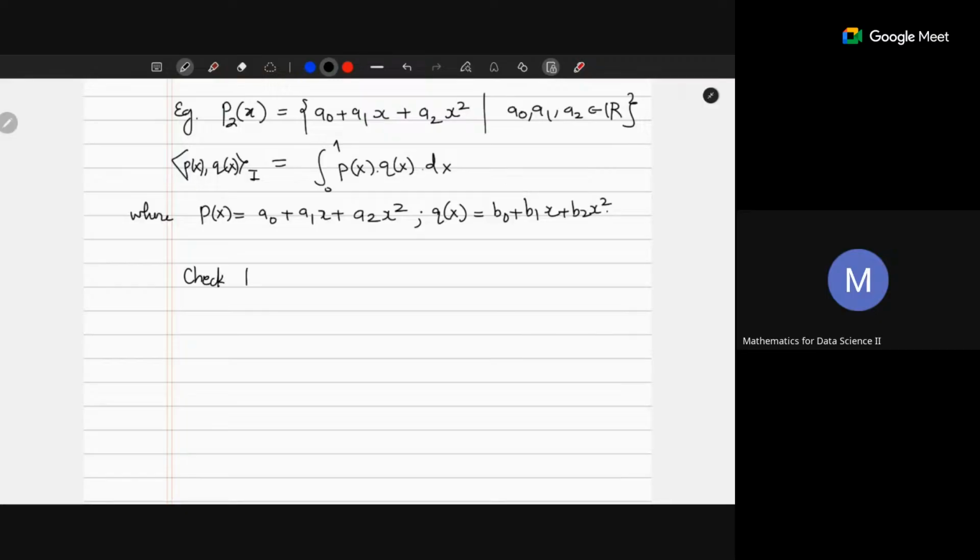Check that the set S given by 1, x, x squared is an orthonormal subset or not.